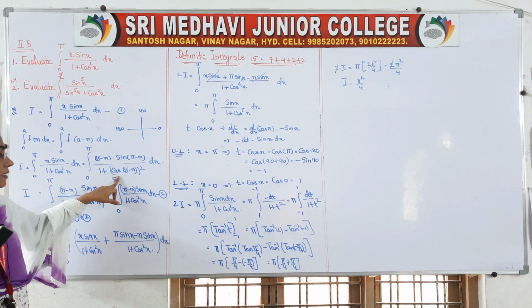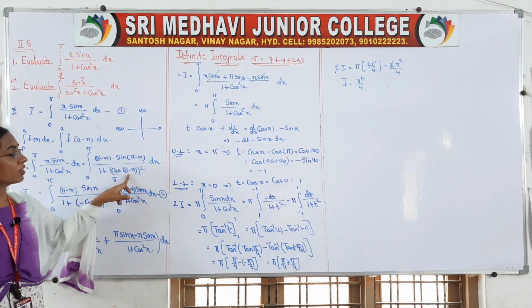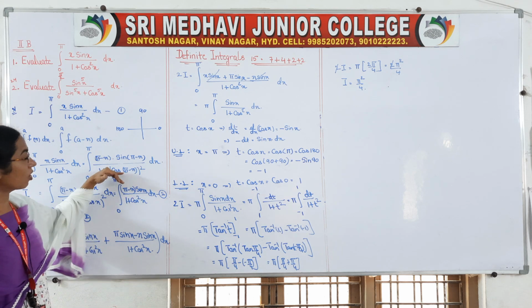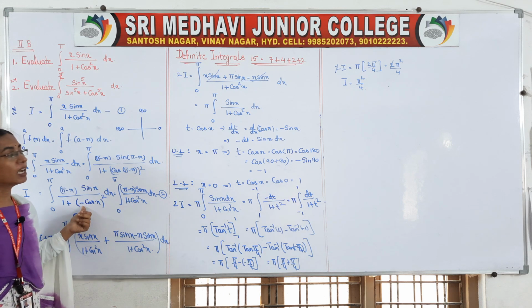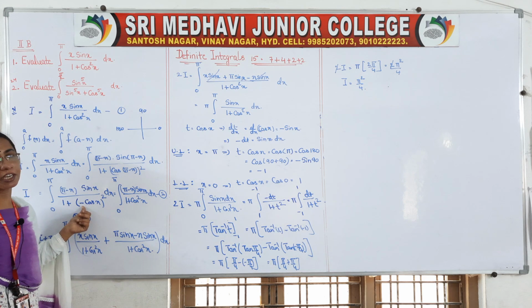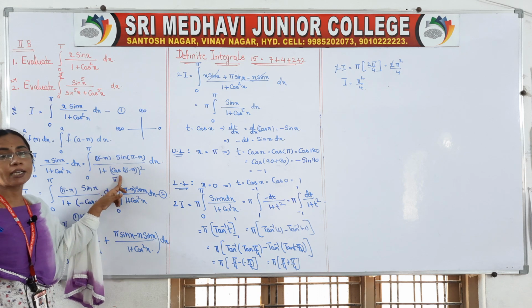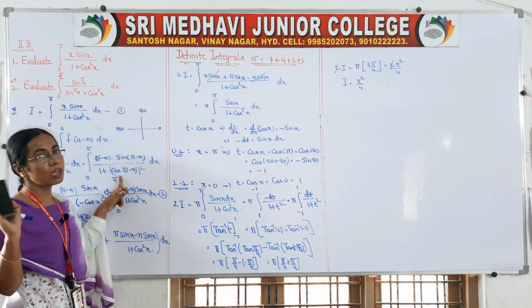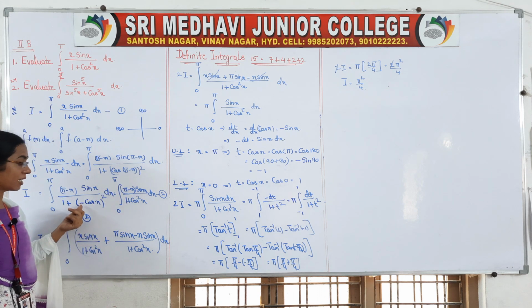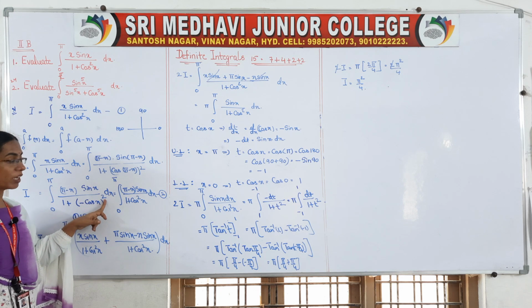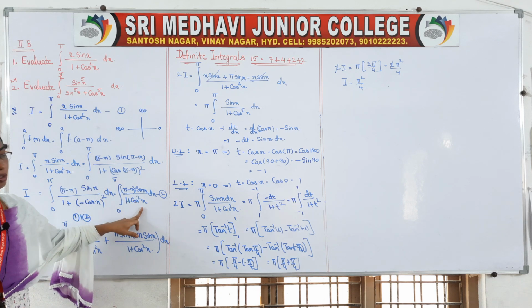Now come to cos. Cos of 180 minus theta, in the second quadrant cos is minus, and for 180 minus theta the ratio does not change. But minus cos x whole square is there, so you will get cos square x.